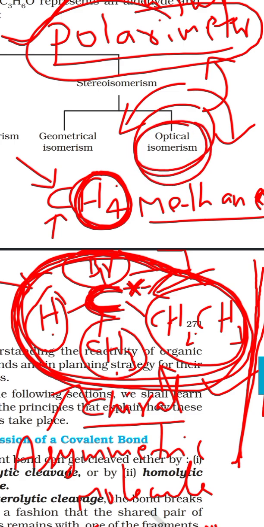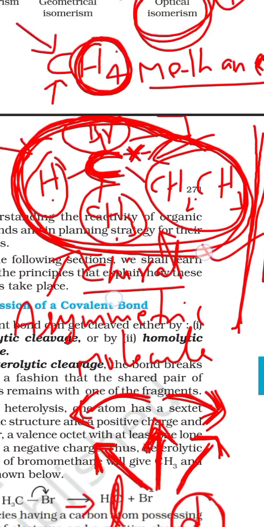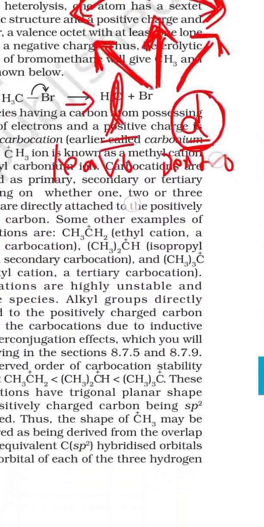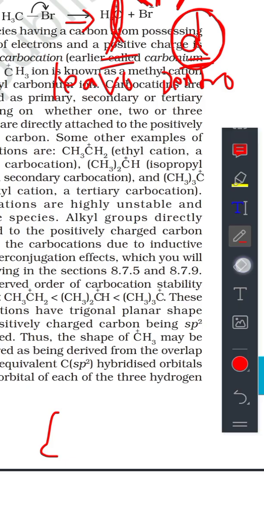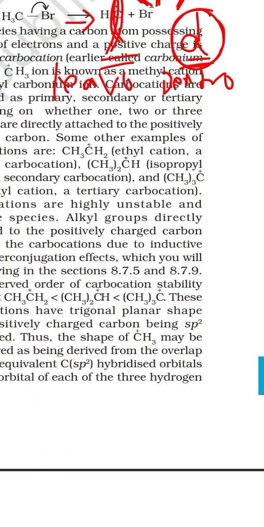Let us see how the mirror images appear. Here a carbon is there, with one group A, one group B, one group C, and one group D. Suppose this is the dextroisomer.